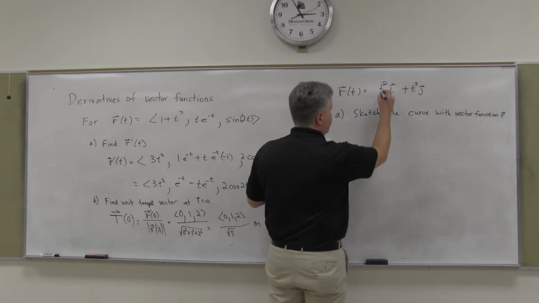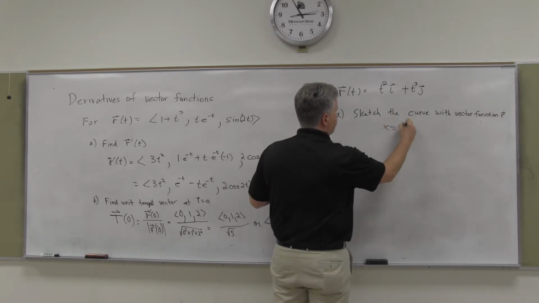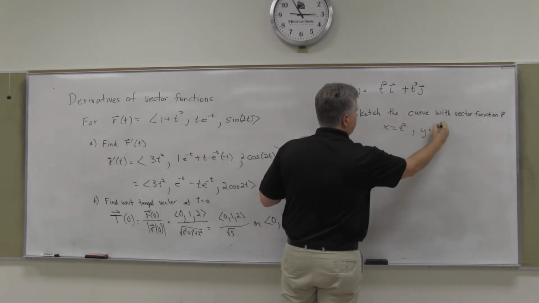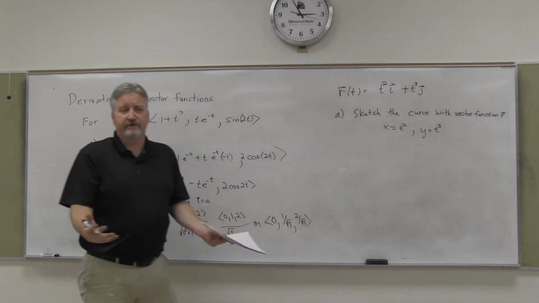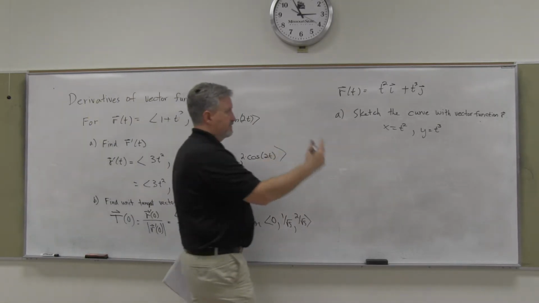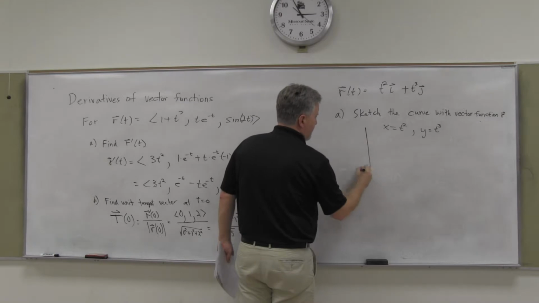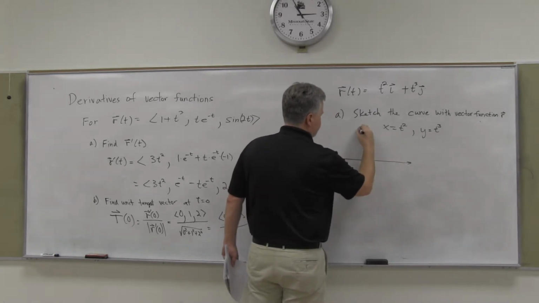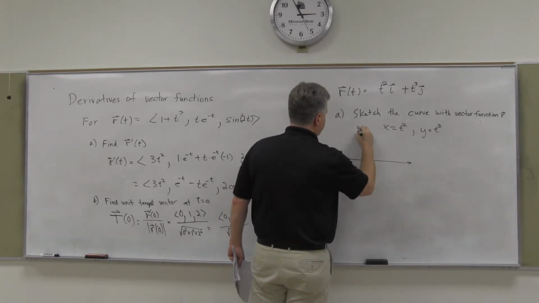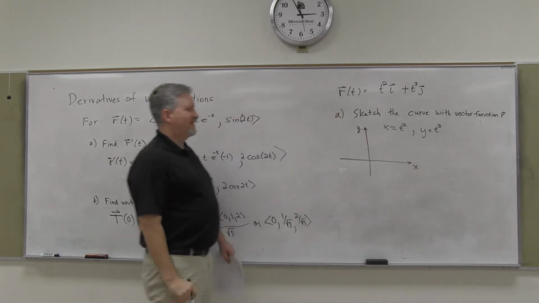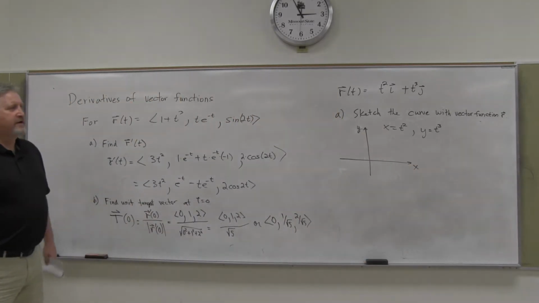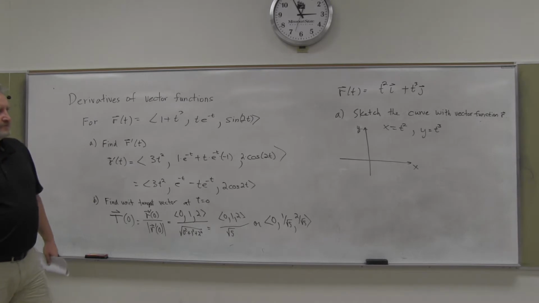So the curve here is just going to be x equals t squared, y equals t cubed, whatever that curve looks like. So that's the curve they're talking about. So notice, this is just an xy curve, a two-dimensional curve.